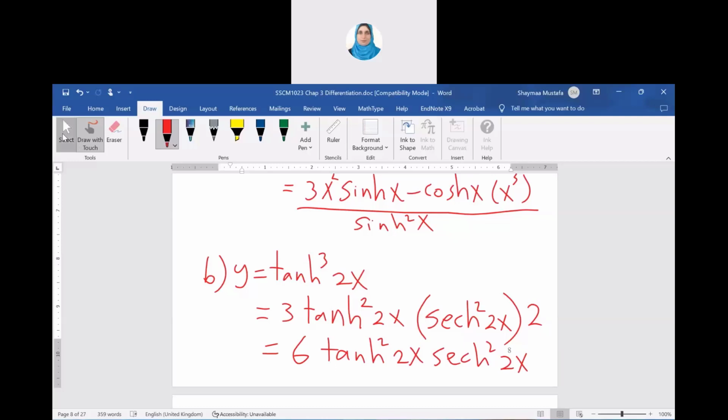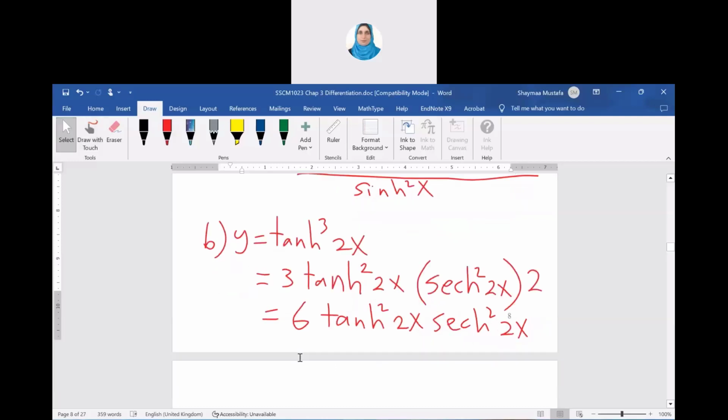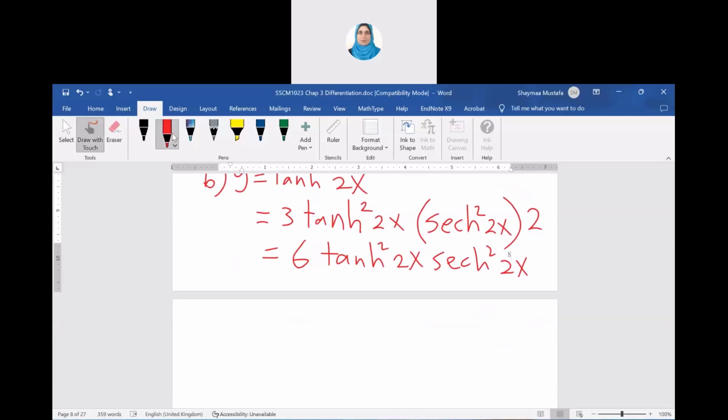Some students, when they do the power function, do it like this, which is incorrect. This is a usual student mistake. Usually when they find dy over dx, they make it equal to 3, and they don't write tan square.